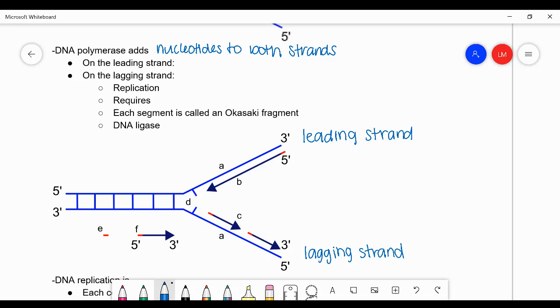This lagging strand is just a little bit more complicated. The issue is that when new nucleotides are being added, they can only be added from the 5' end towards the 3' end because of how the sugars attach. They can only be attached to that free 3' end.